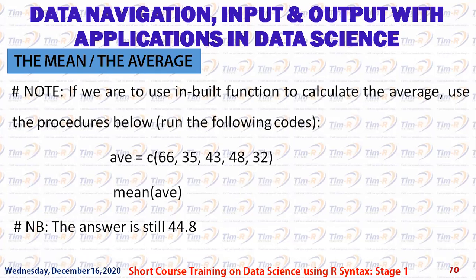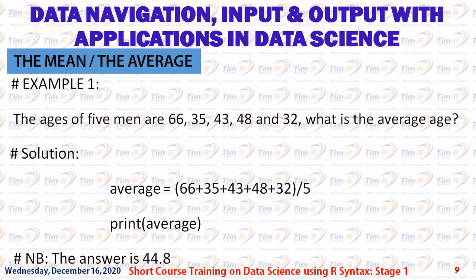Note, if we are to use an inbuilt function to calculate the average, then follow the following procedures. Let me show you the procedure I used previously again. This procedure here, you are looking at on the screen, is not the inbuilt procedure.